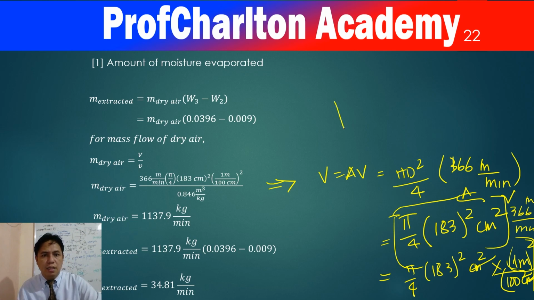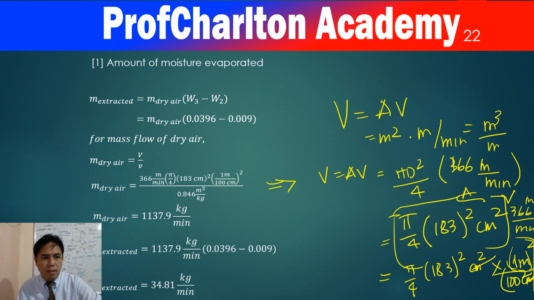So here, area times velocity, this will become square meter. The velocity is meter per minute. So our answer would be meter cube per minute. Yeah. So here, assuming that the calculation of this is correct.